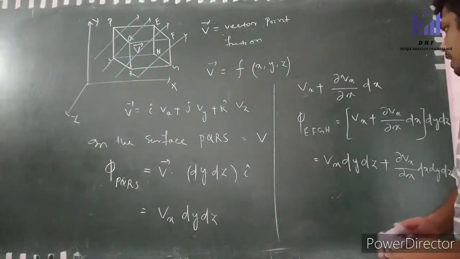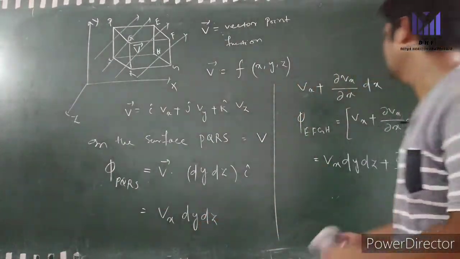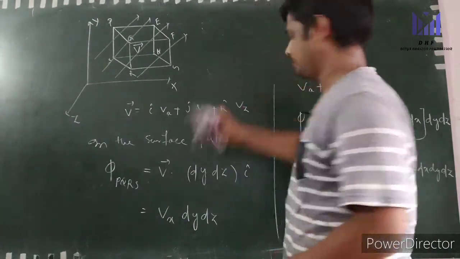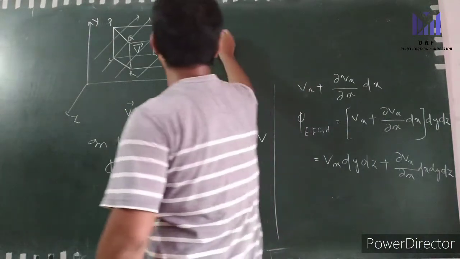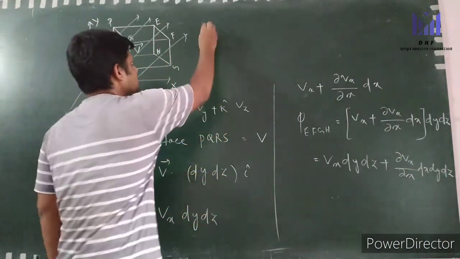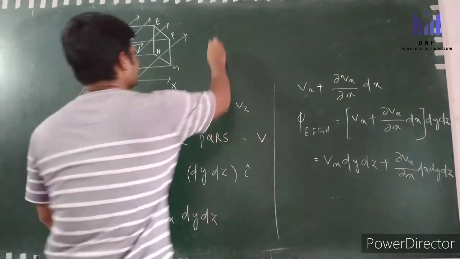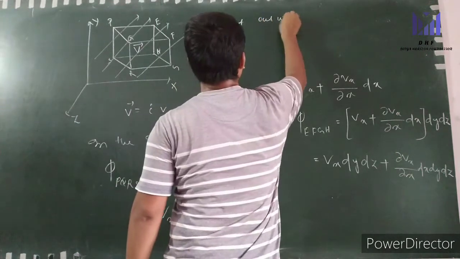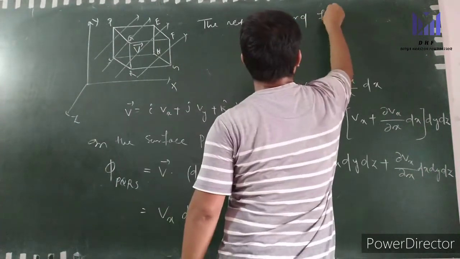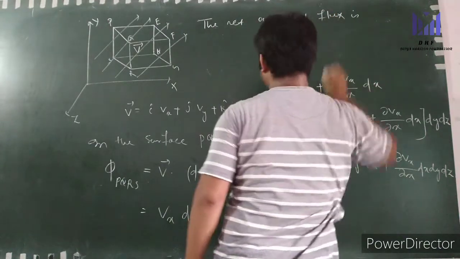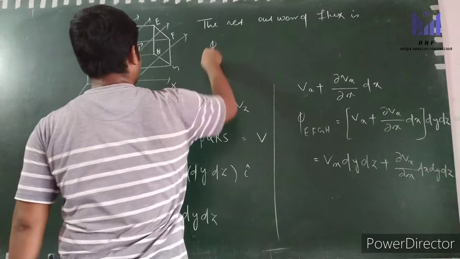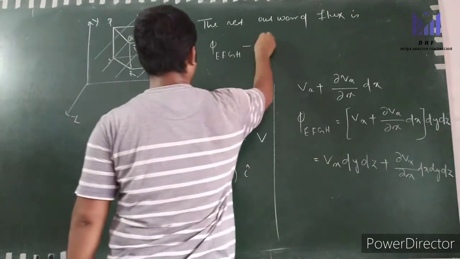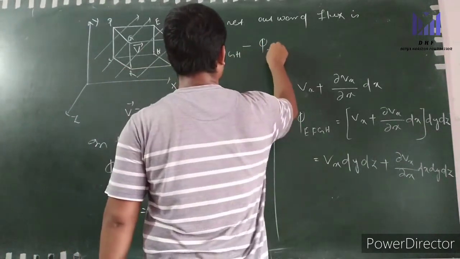We find it by subtracting the flux through PQRS from the flux through EFGH. So the net outward flux is phi EFGH minus phi PQRS.